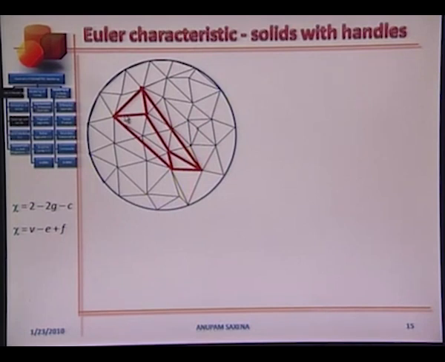By connecting these two boundary components via these three edges, we have introduced a through hole in a sphere. When doing so, note that these boundary components are no longer present. They disappear. 3 new edges appear.